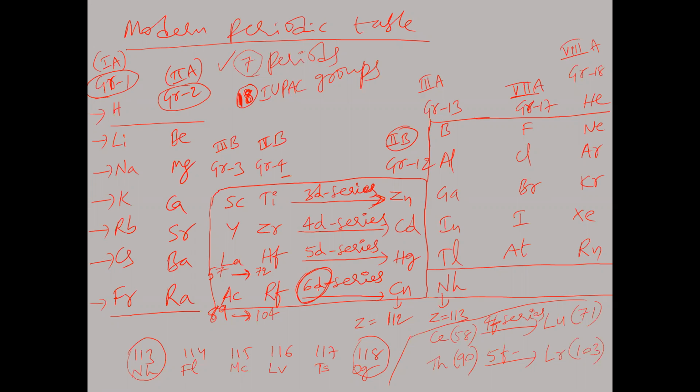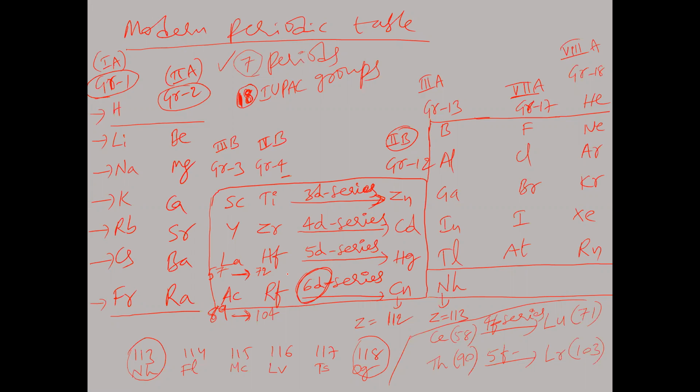But now it is complete. Still, in the SSC board examination, if they ask you which is the incomplete transition series, the answer is 6D. Which is the incomplete period? 7th period.